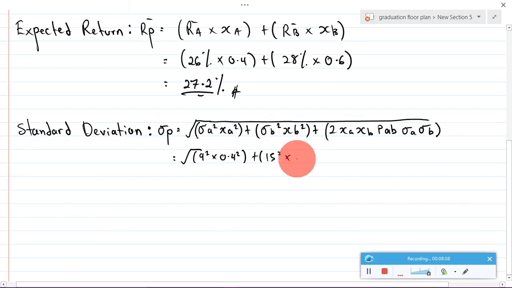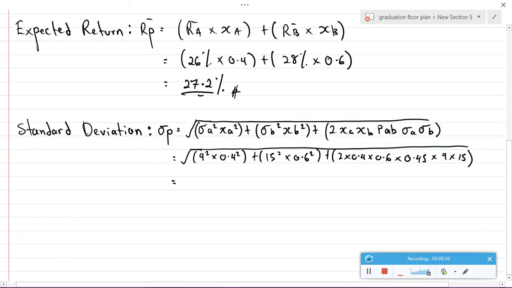Square root the answer. How much you get? We get 11.1%.